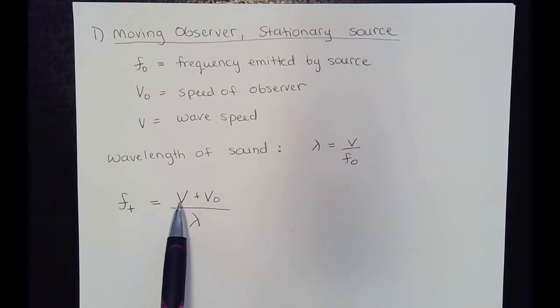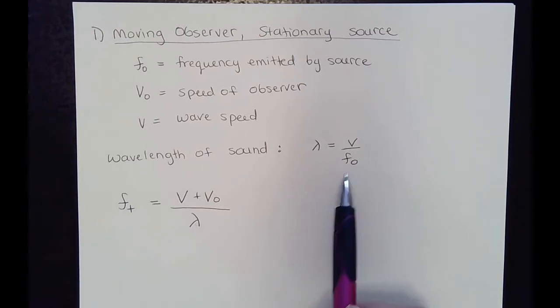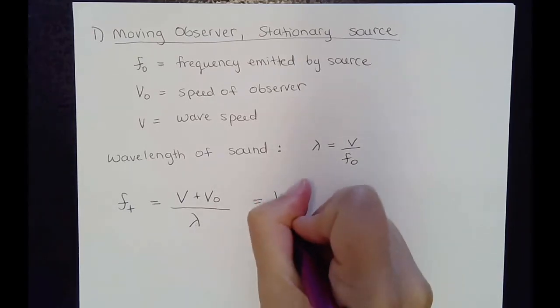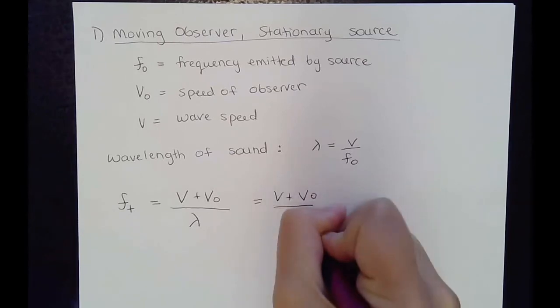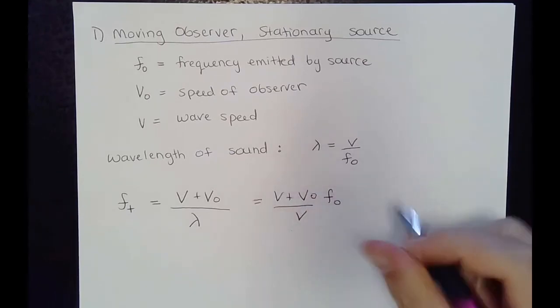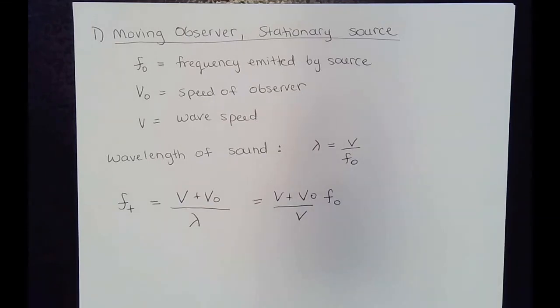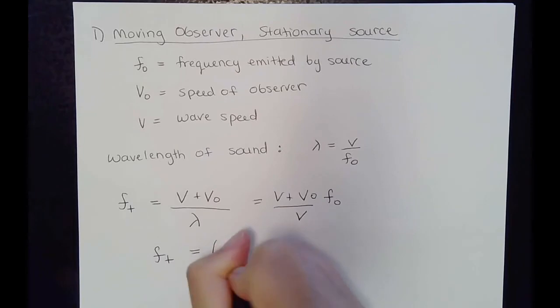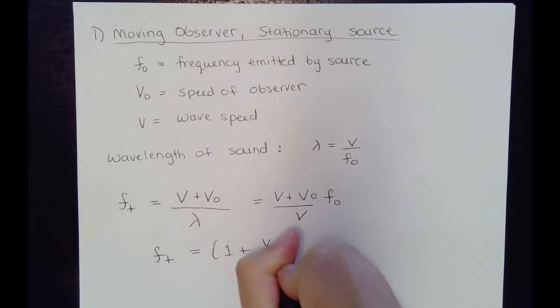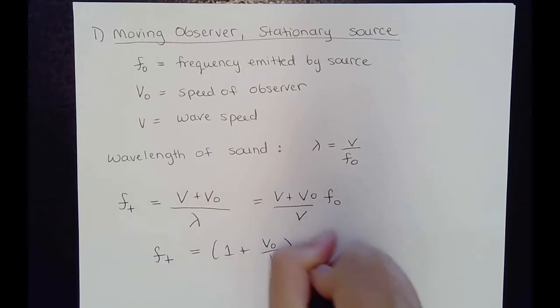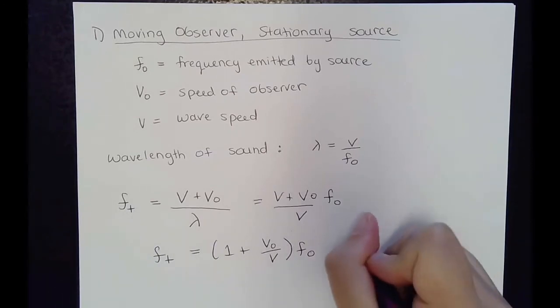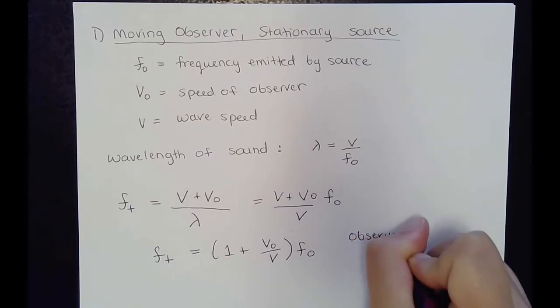So the new speed is V plus V_O over lambda, and then we can plug in for the wavelength here. So this is V plus V_O over V, F naught, since I've inverted this here. And then just rearranging, we get the frequency F plus equals 1 plus V_O over V, F naught for an observer approaching a source.